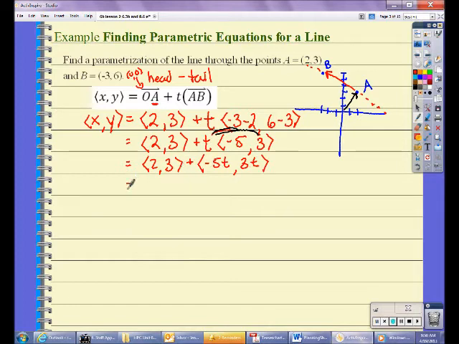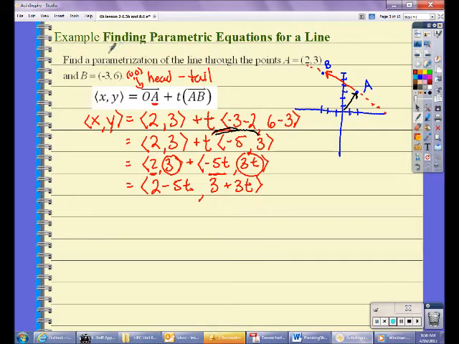Add the vectors. So the first component is 2 minus 5t by adding the first component here and the first component there. The next component is going to be 3 plus 3t by adding the second component here and the second component there. Basic vector addition.